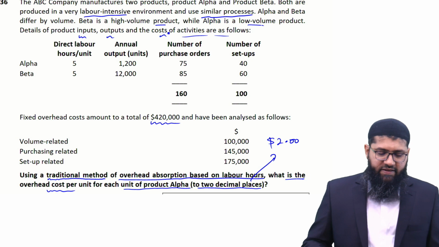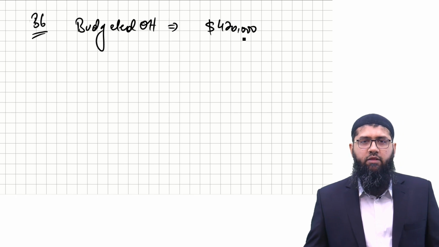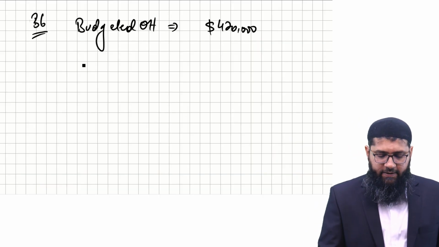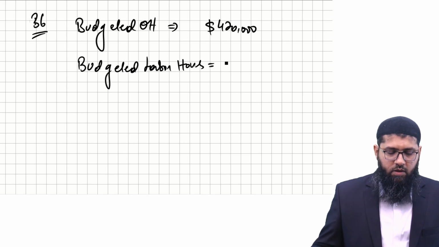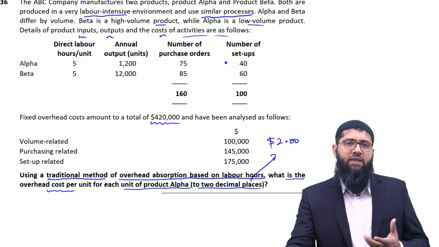The budgeted overheads that you have got are $420,000. Then you need to have the budgeted labor hours. Let me guide you.